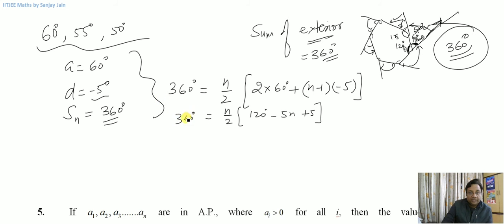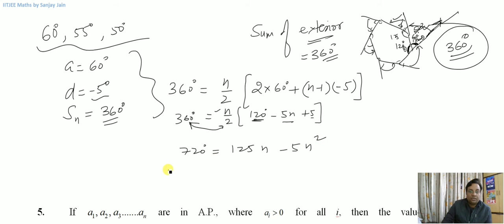So if I calculate it further, this was 360, so on the left hand side, if I multiply it by 2, it will become 720, and here I am going to take this n inside, so it will become 120 plus 5 is 125, so 125n minus 5n squared.